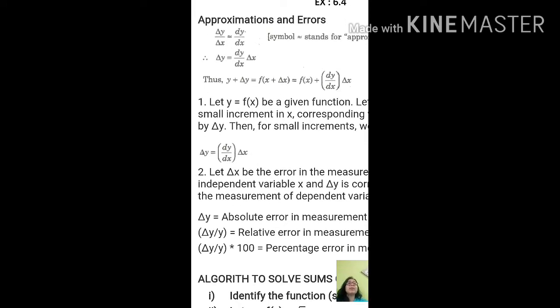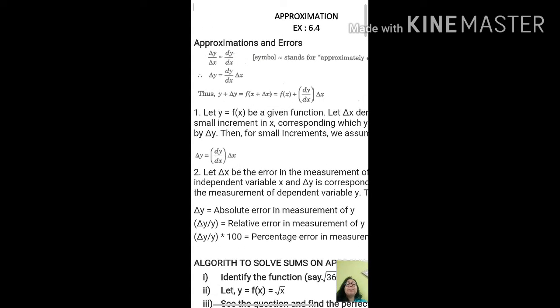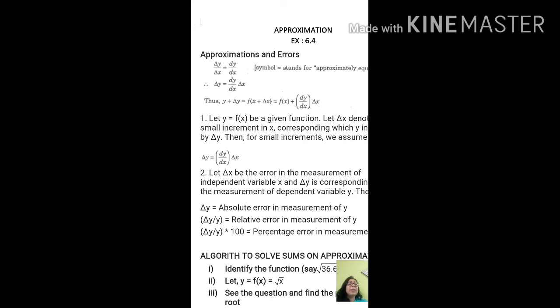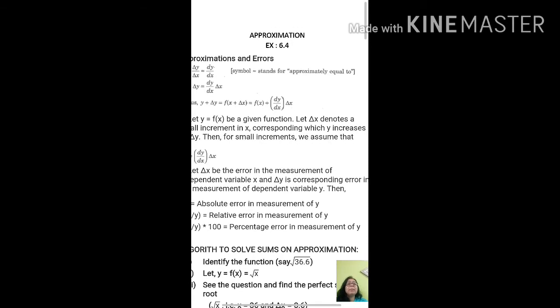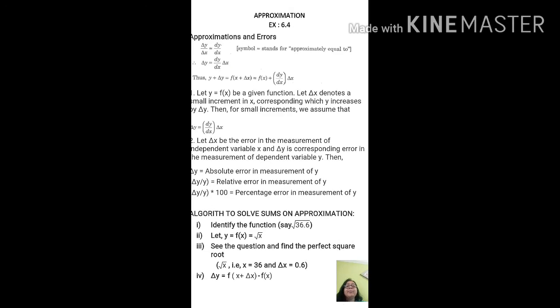Now y is equal to f(x) be the given function, and let delta x be a small increment in x, and corresponding to this, y will also increase by delta y. So for the small increment we assume that delta y is equal to dy/dx into delta x.